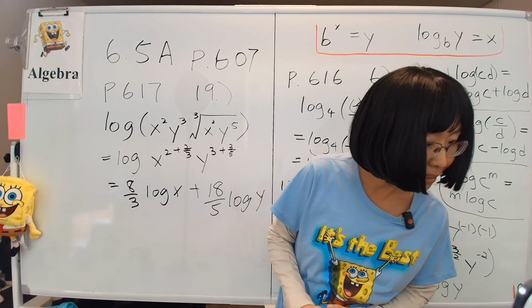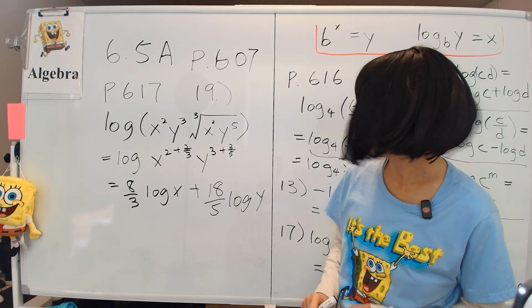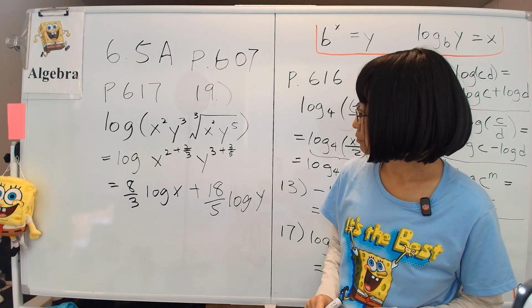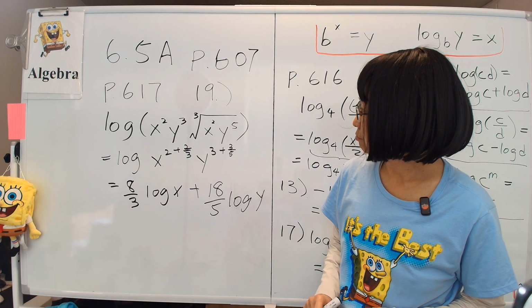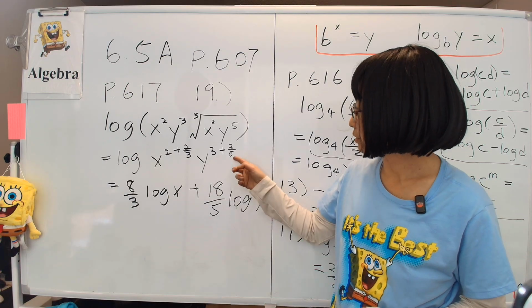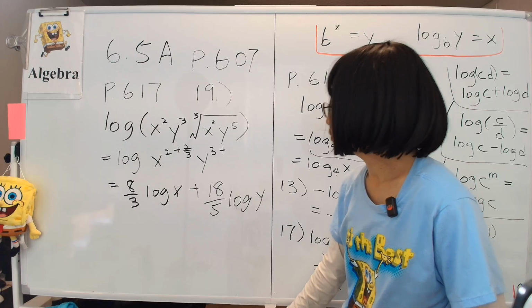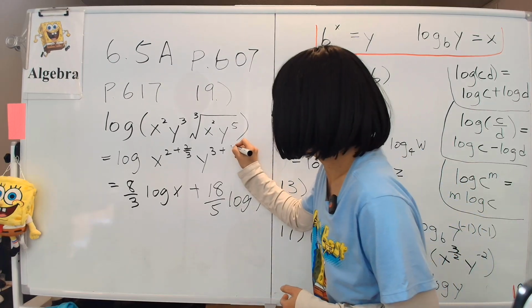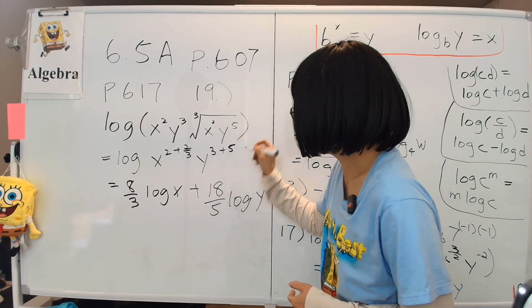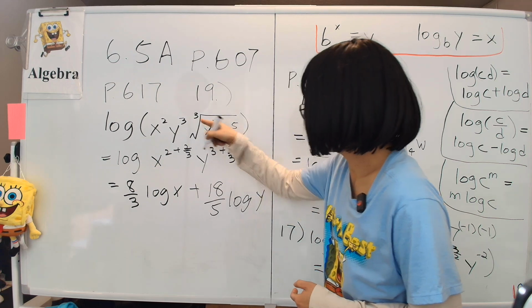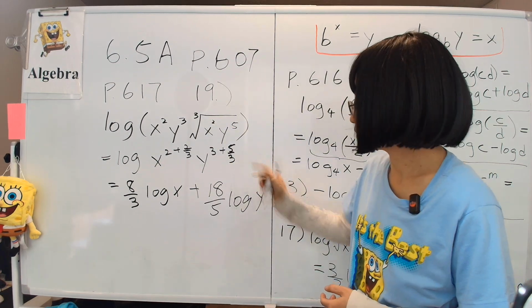Let me check the answer. The book says that, oh, sorry, I wrote this fraction wrong. The book says that I got it wrong, which I did because it's 5/3, for heaven's sakes, right? Y is to the power 5, and then the cubic root, which is the third.